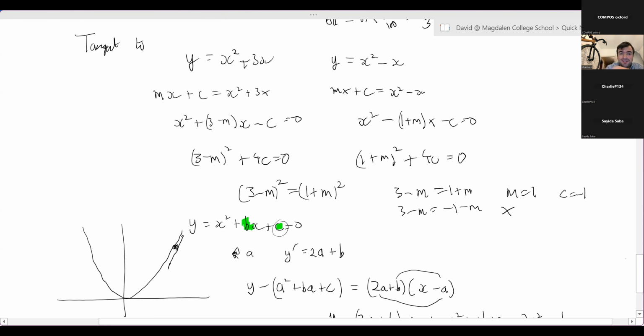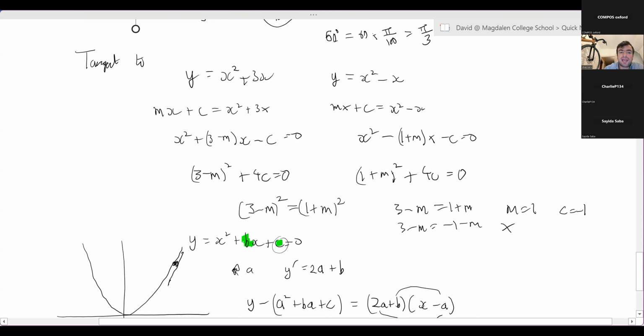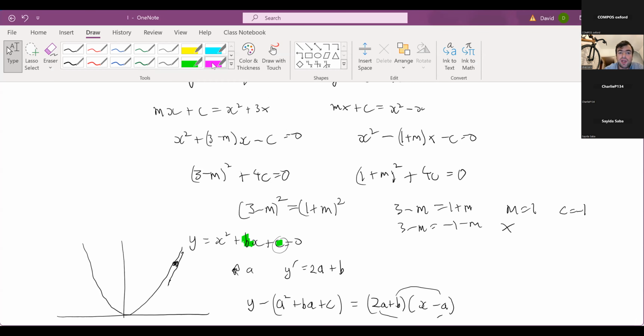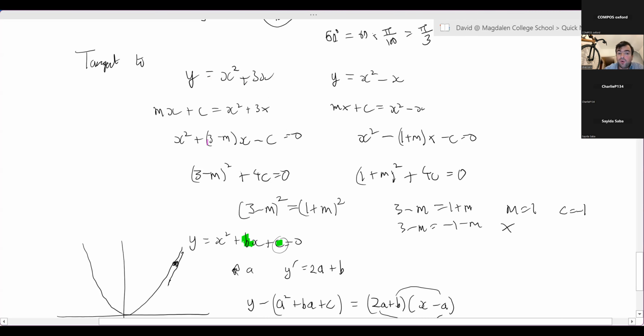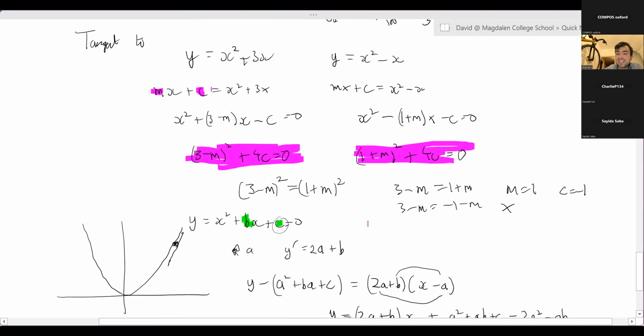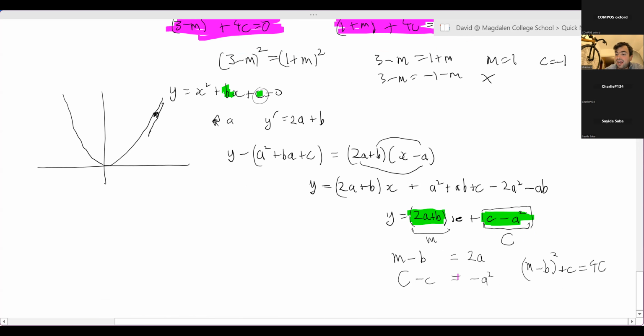But if you then apply that to the two lines, you will get equations that link the gradient of the line m to its y-intercept c. But surprise, surprise, the algebraic conditions that you'll get in each case are exactly the same as the algebraic condition that you got from the discriminant.